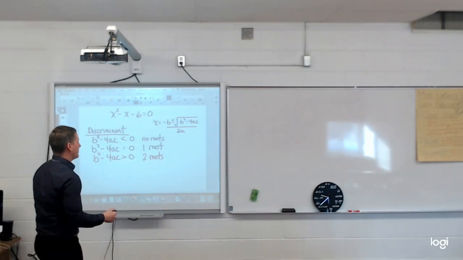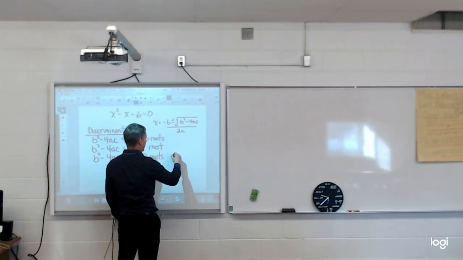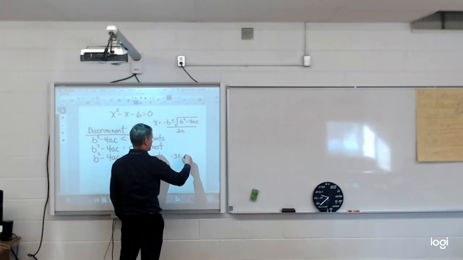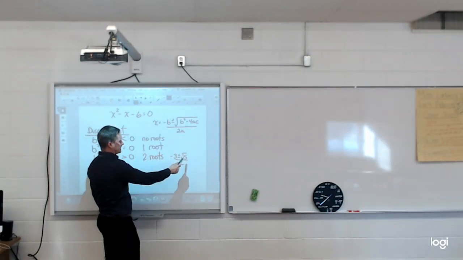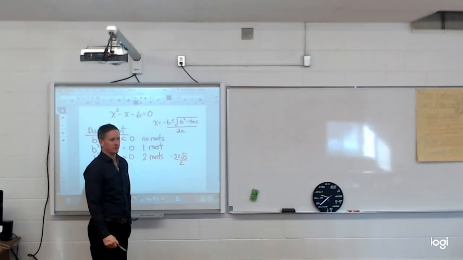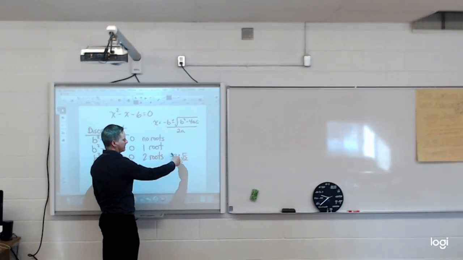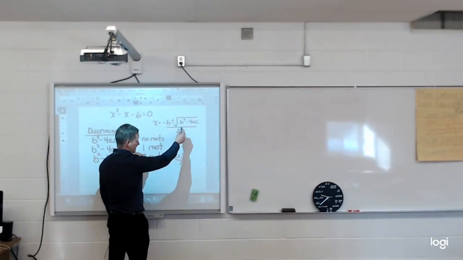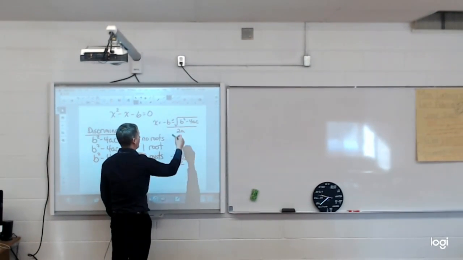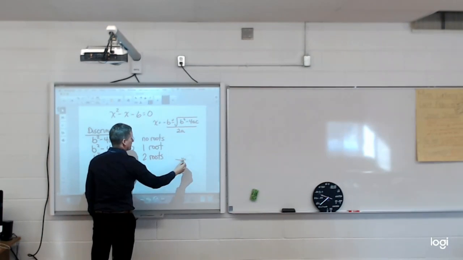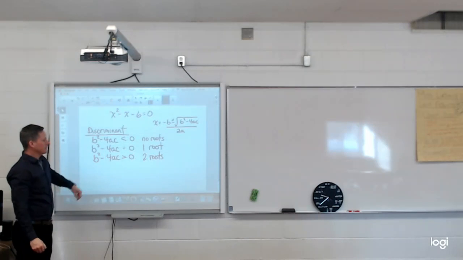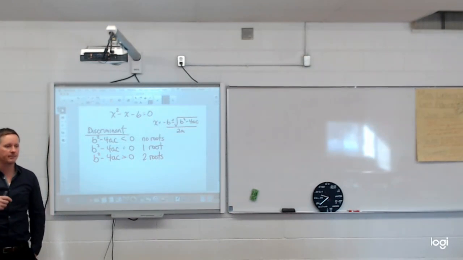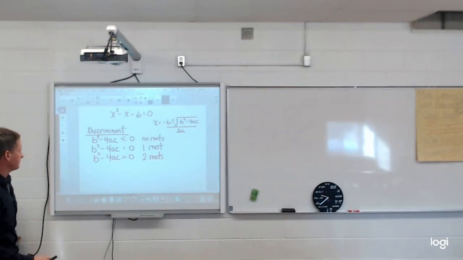An example of that would be minus 3 plus minus square root 5 over 2. This would be an example of 2 irrational roots. On a calculator, it would give it to you as a decimal, but you want to leave it in that form. So those are the 3 possibilities: no roots, 1 root, 2 roots, and it's all based on b squared minus 4ac.